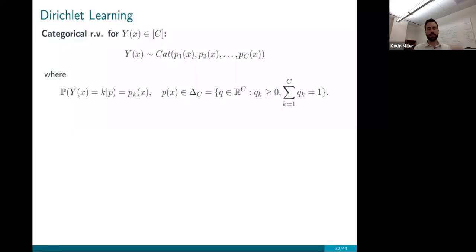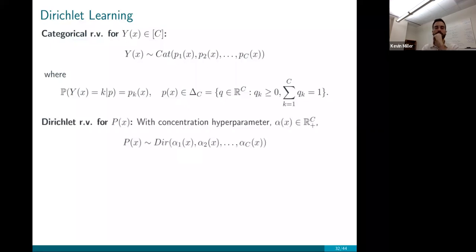So the idea is that we can define a categorical random variable, y, at a node x. This categorical random variable will be influenced by probabilities, P1 through P capital C, which we're going to place a distribution over, where P of x is the vector of P1 through P capital C at the node x. And this Dirichlet random variable P of x will have concentration hyperparameter alpha.